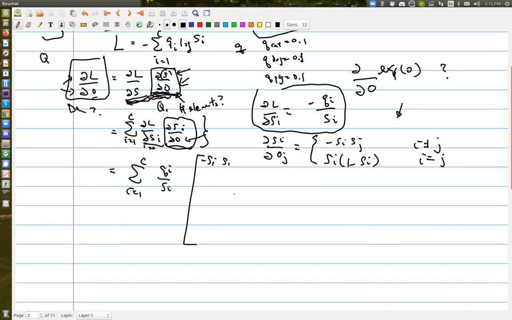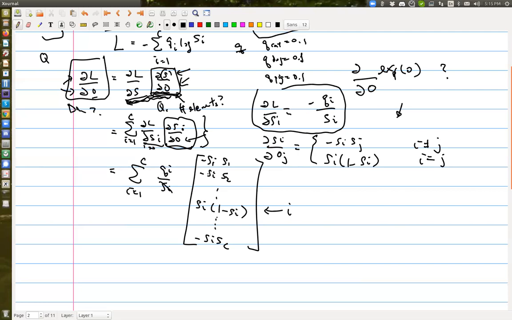And then this is the ith term here, and then SI S2, and so on and so forth. Then up to the ith term, I have SI times 1 minus SI instead. And then so forth, and the rest is minus SI SC, let's say.